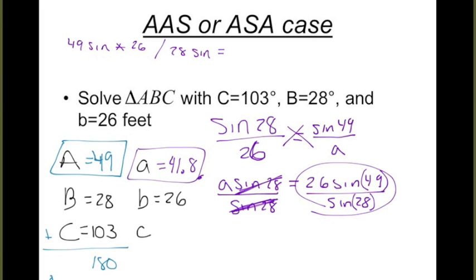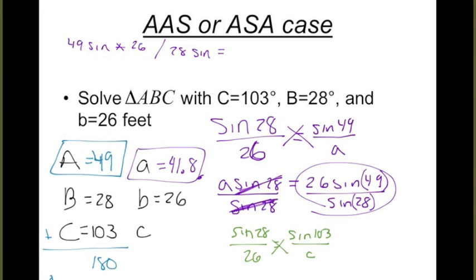So I'm going to go back to the letter B, where I knew both from the beginning of the problem, and say sine of 28 over 26 equals, this time, sine of 103 over C. In a fraction, you're always using the same letter on top and bottom, sine of the angle over the side.